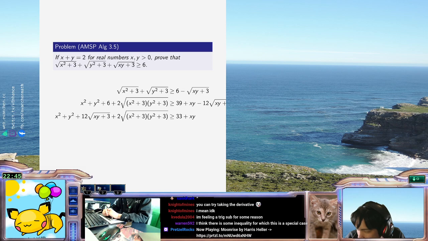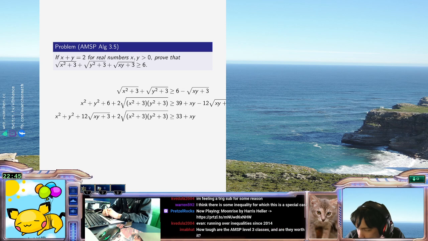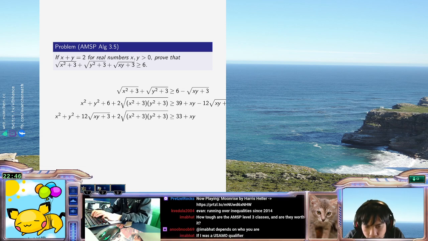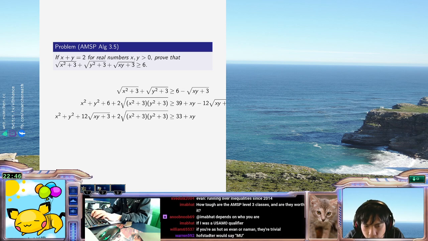Let's see. 24, 24. Now let me clean things up a tiny bit. I will add 2xy to both sides so that I can get rid of that fat x squared plus y squared blob. 33 plus 3xy, and then it's like 4, so I want 29 plus 3xy.